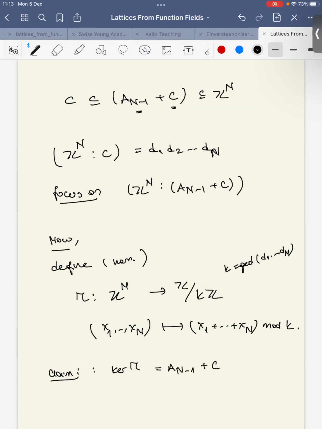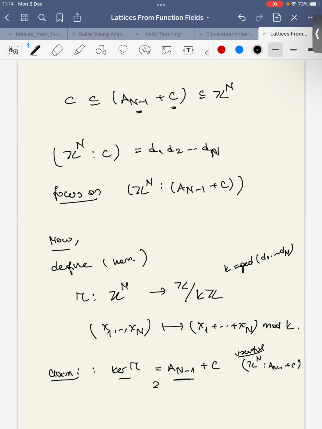Indeed, it will be useful for computing the index of A_{n-1} + C inside of Z^n. Clearly, what you can show is, first, let's see this inclusion.